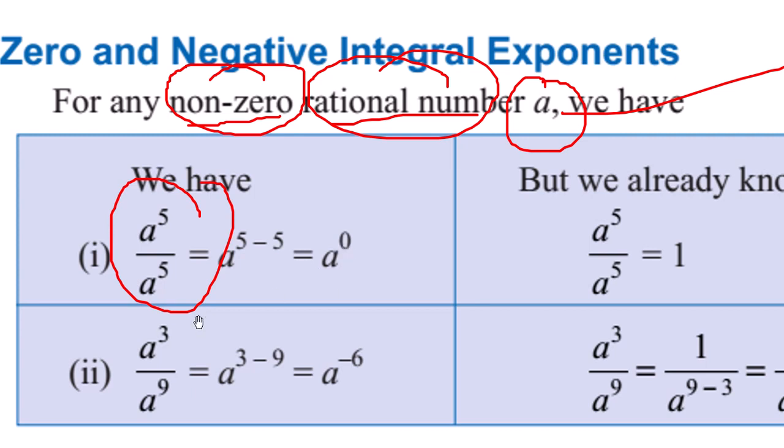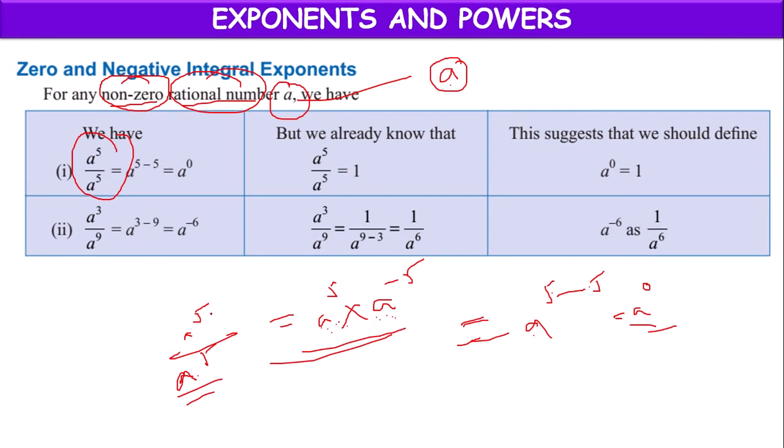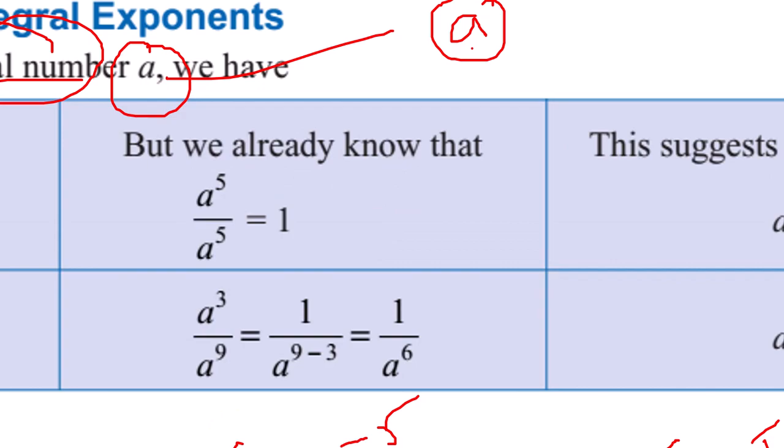But according to normal mathematical calculations, whenever we have the same value in the numerator and denominator, both will get cancelled and the answer will be 1. We know that a power 5 by a power 5, as we have the same value in the numerator and denominator, both will get cancelled and we will get the answer 1.